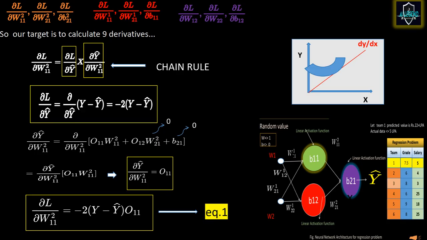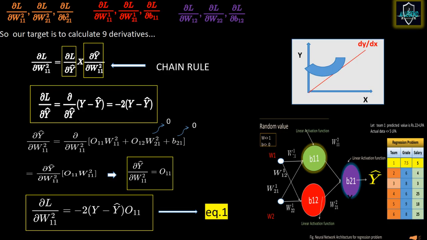Alright. Del L over del y hat is equal to del over del y hat of (y minus y hat) squared. So the resultant is minus 2 times (y minus y hat). This is what we get after differentiating it. Del y hat over del W211 is equal to del over del W211 of, inside the square bracket, O11 multiplied by W211 plus O12 multiplied by W221 plus B21.